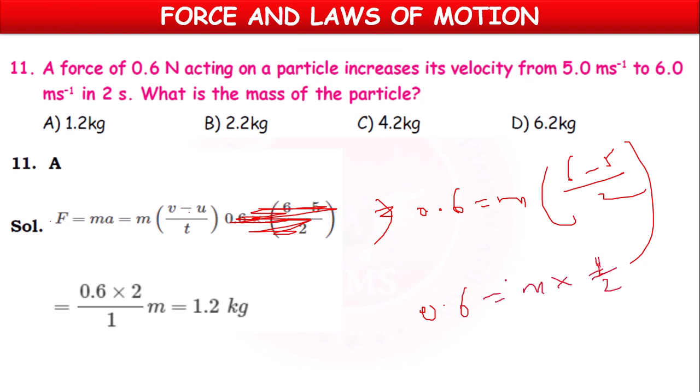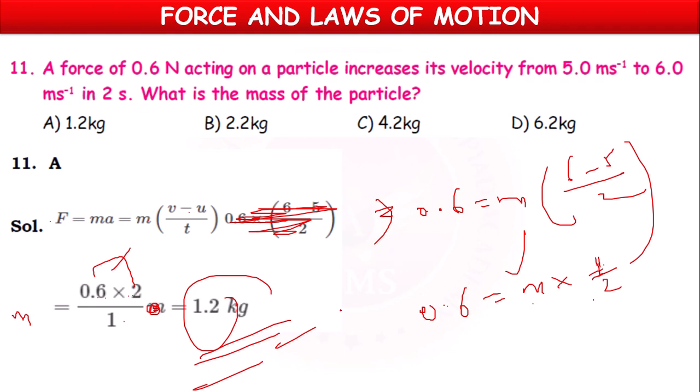The 1 by 2 will come to this side and become 2 by 1. So m equals 0.6 into 2 by 1. 0.6 into 2 is nothing but 1.2 kg. So 1.2 kg, option A, is the correct answer.